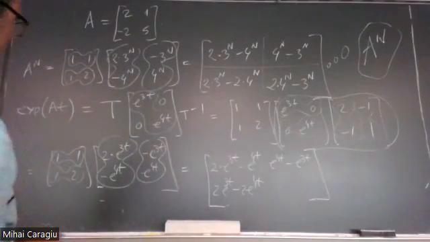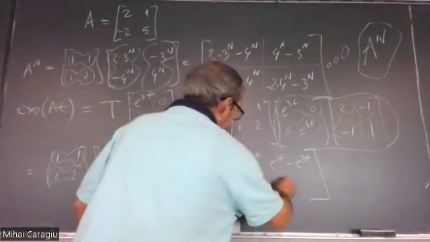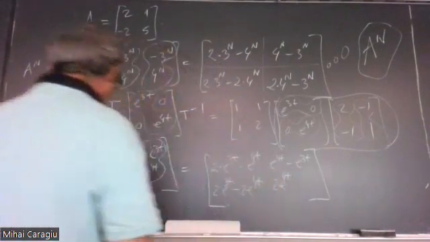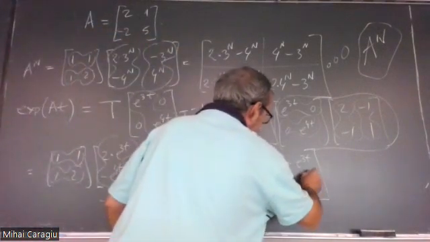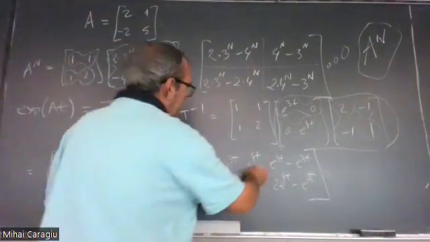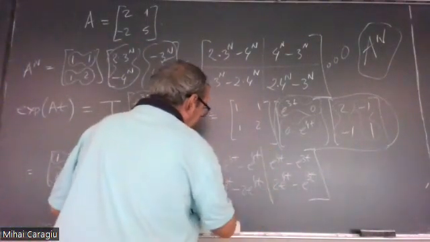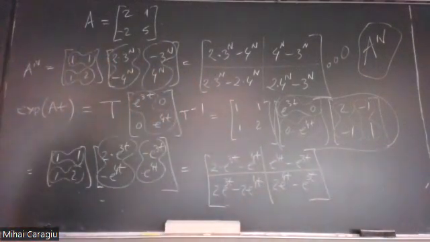And second, second: 2 e to the power 4t minus e to the power 3t. So this will be the matrix exponential of At, t being a parameter. And these are the four elements of exponential of At.